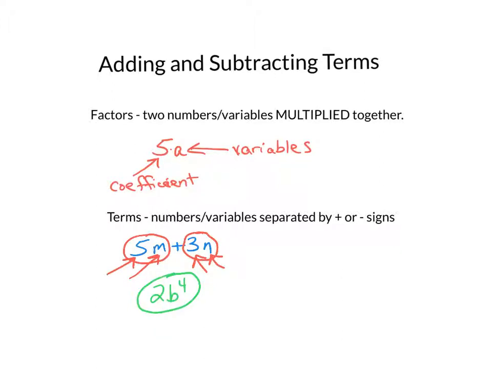If you are given 2x squared plus 3x subtract 6, this expression has three different terms. 2x squared is a term, 3x is a term, and 6 is a term. In this case, 6 is also known as the constant term because there is no variable associated with it.